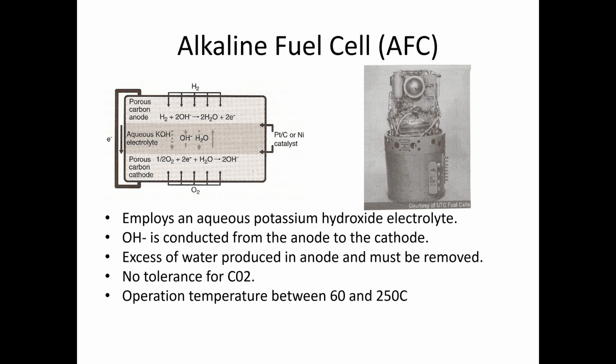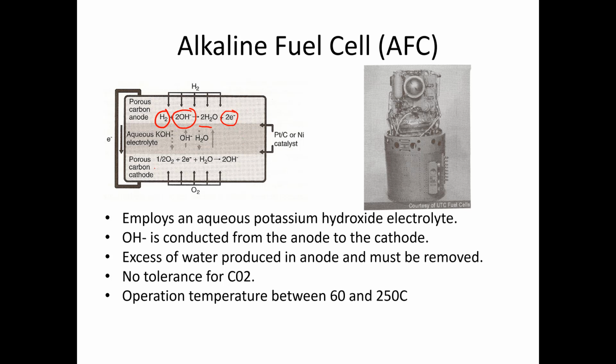Moving on to the next one, we have alkaline fuel cells. The alkaline fuel cell employs an aqueous potassium hydroxide electrolyte. So in this case, you have hydrogen and two OH negative ions that react to produce water and two electrons.